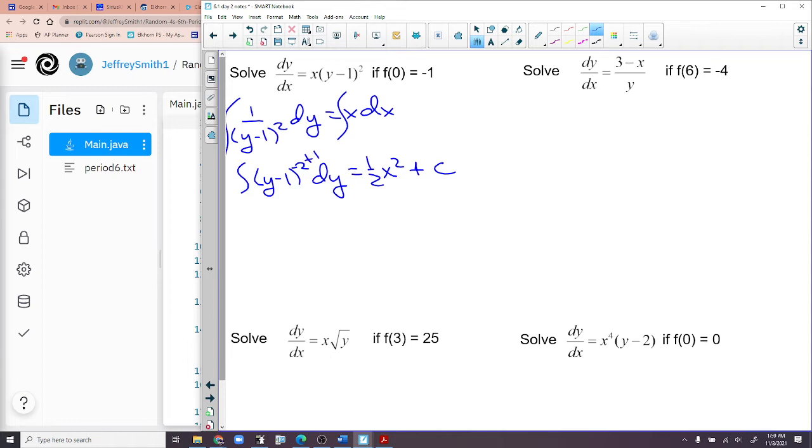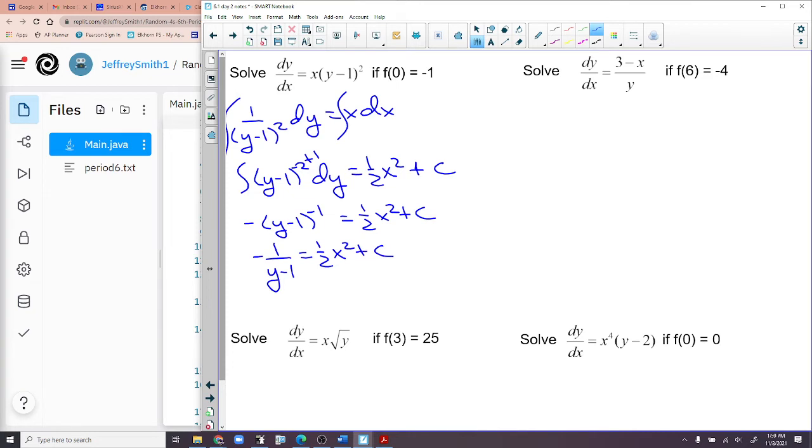We're going to add 1, and that's going to be y minus 1 to the negative 1. But now if we took the derivative of this, we'd have a negative value. We don't want that. We want it to be positive. So there's your antiderivative. This is negative 1 over y minus 1 is equal to 1/2 x squared plus c.